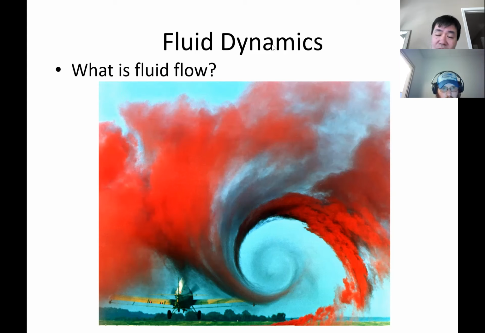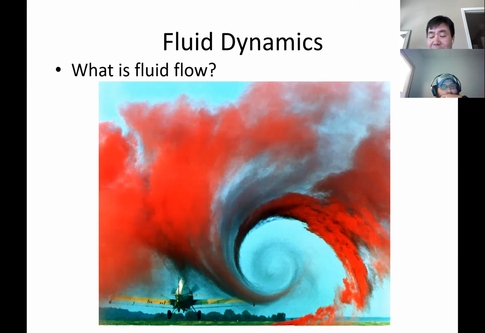So to study fluid mechanics, dynamics, which basically means force and effect, you really need to understand the flow field. What is the movement of the fluid? You have to know the movement first before you can determine the force.